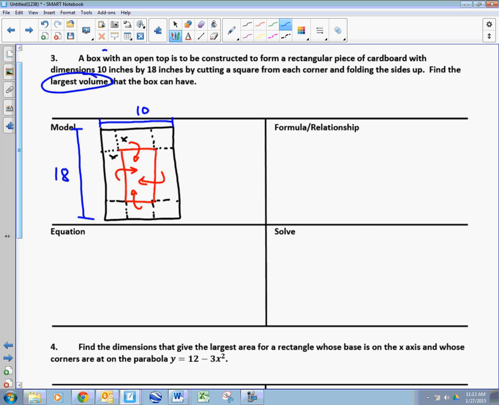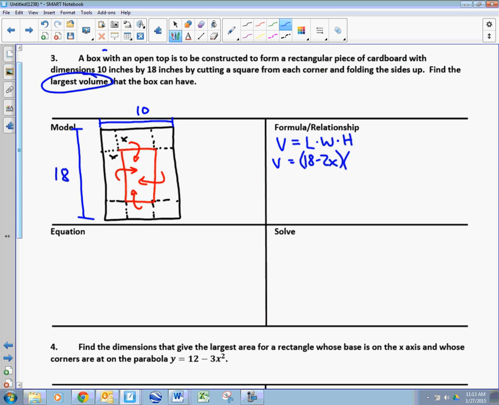So our volume is equal to what? Does everybody understand why it's 18 minus 2x? Because I'm going to saw off these corners.